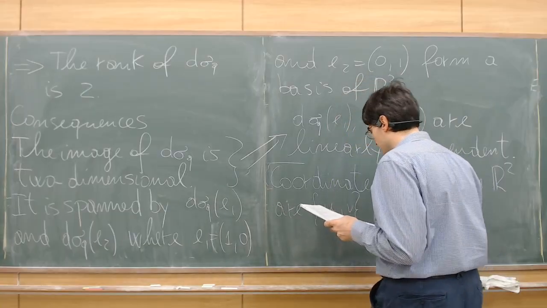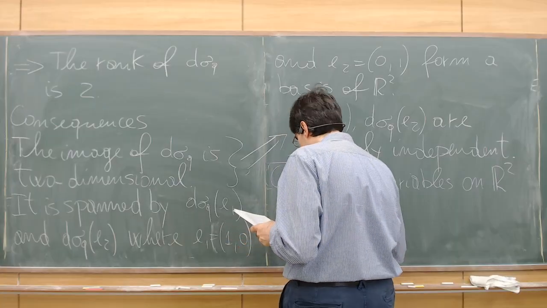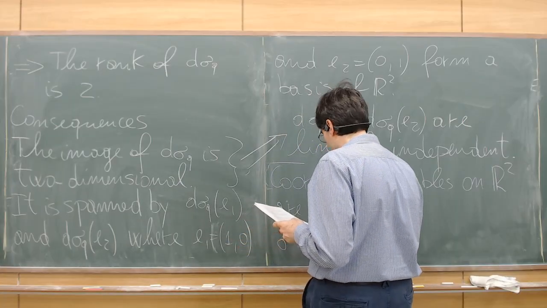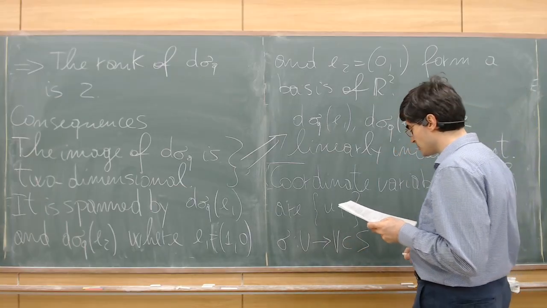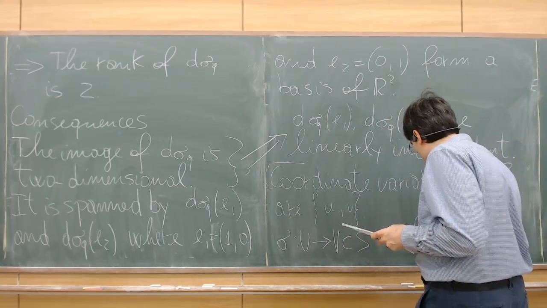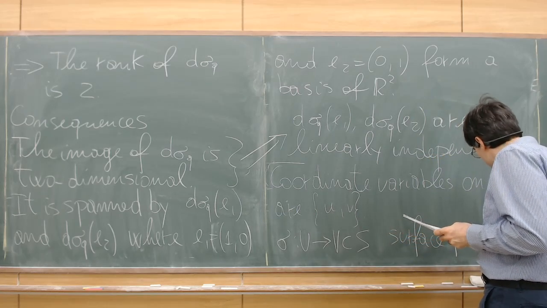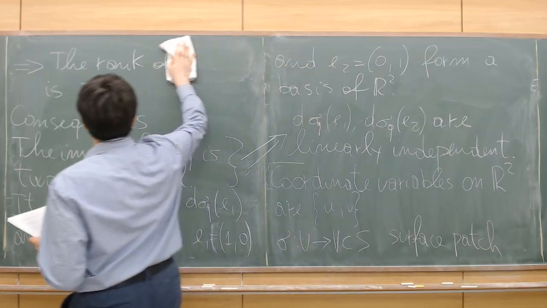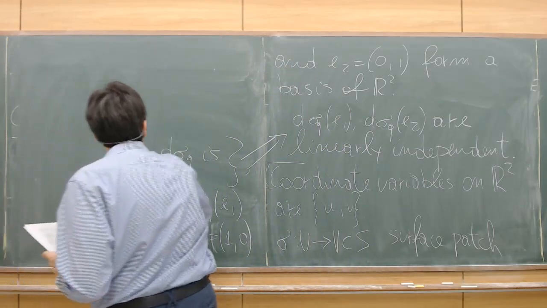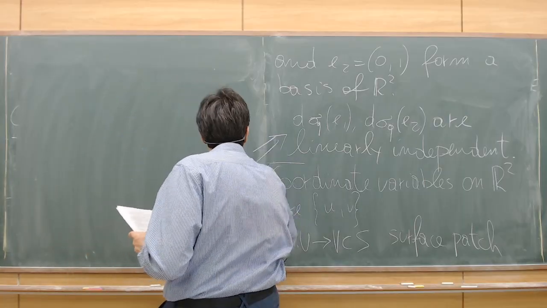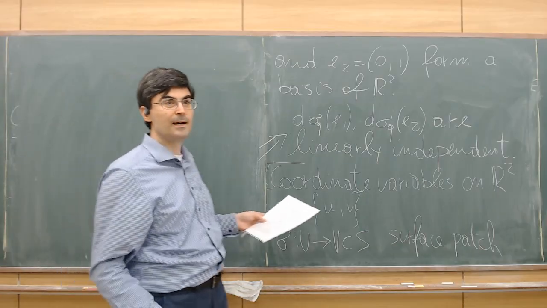This implies that if sigma, defined on U with values in V contained in S, is our surface patch, then sigma is given by the following formula.